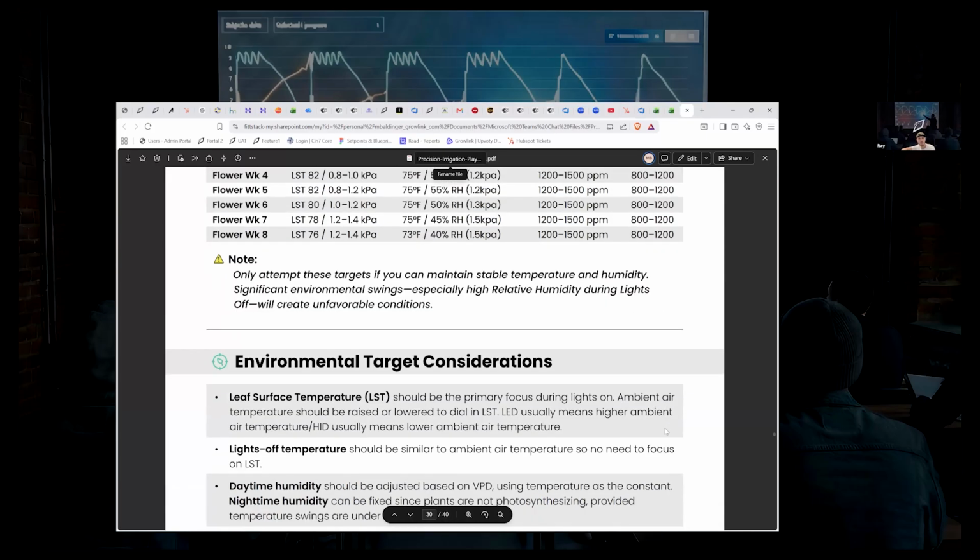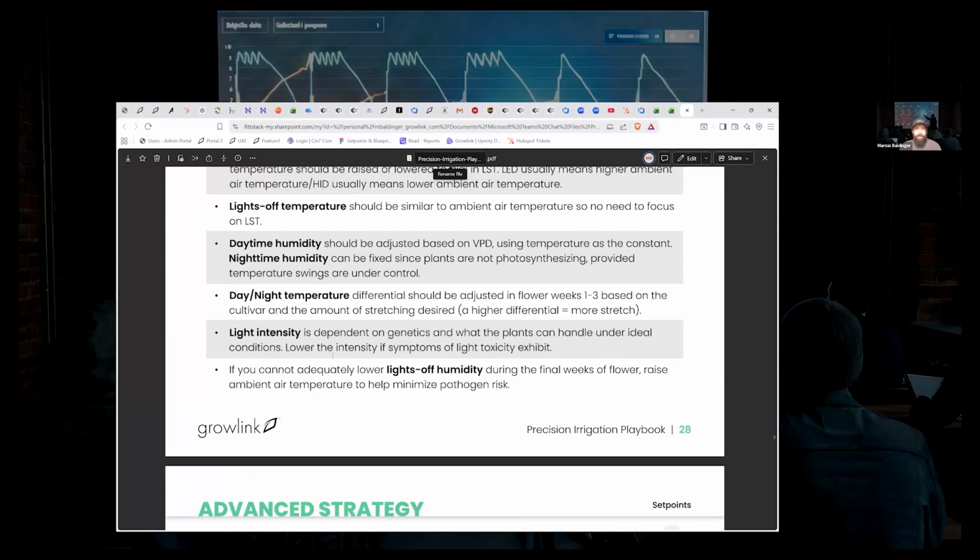Light intensity depends on genetics and what the plants can handle under ideal conditions. If you see light toxicity starting, it can happen in multiple ways, with damage on the leaves. A lot of times I've seen it look to me like a nutrient lockout. That's also what happens when I blast them with too much light.